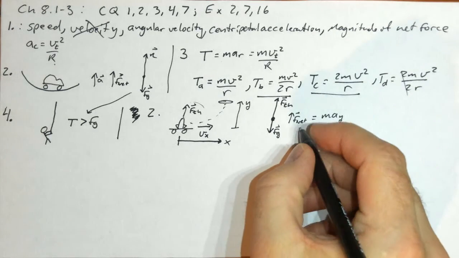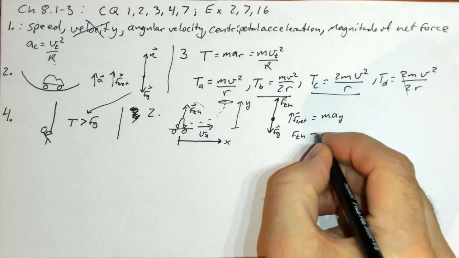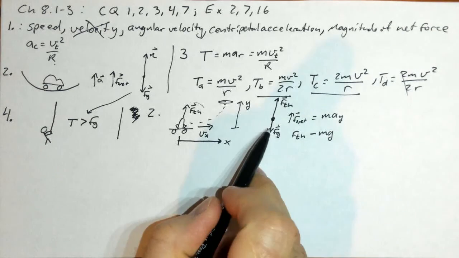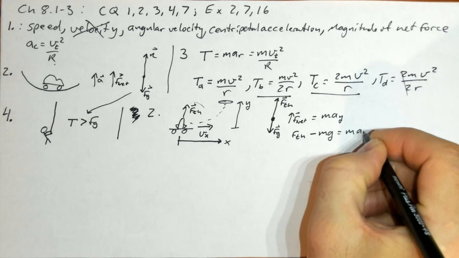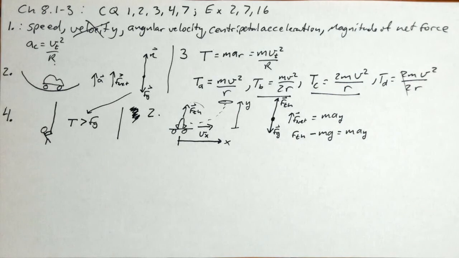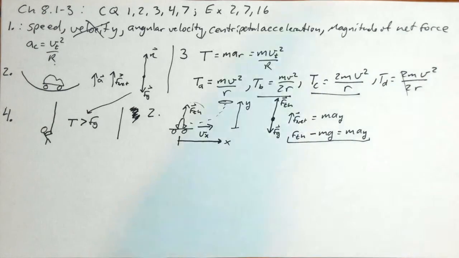So what is our F net? Well, we have F thrust, which is a number that we're given. Subtract mg, subtracting that downward force, gives us this upward acceleration times the mass. And so by using this, we can solve for a_y. And then it's just now a two-dimensional kinematics problem.